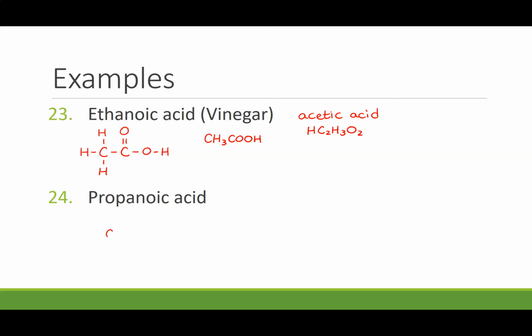Prop means 3 carbons attached by single bonds, and the -oic acid ending means that there's a carboxyl group at the end, and then we just need to fill in the hydrogens to complete this full structural formula. The condensed structural formula would be CH3CH2COOH.